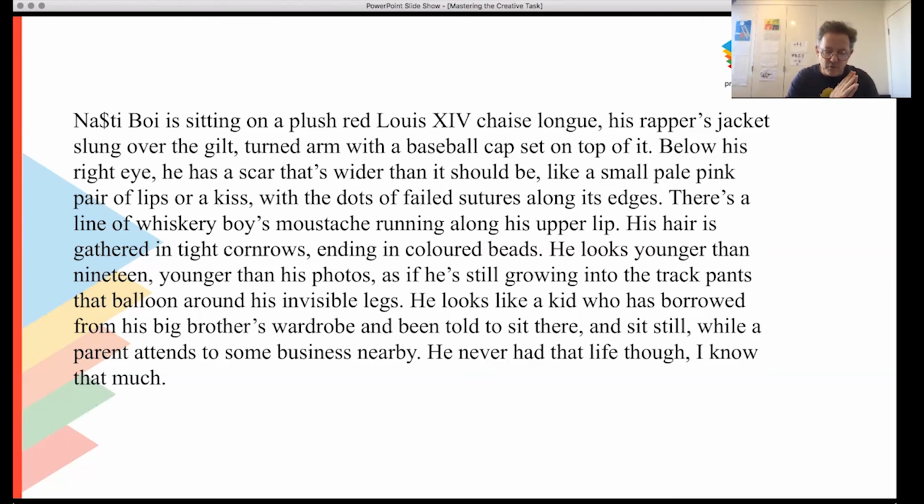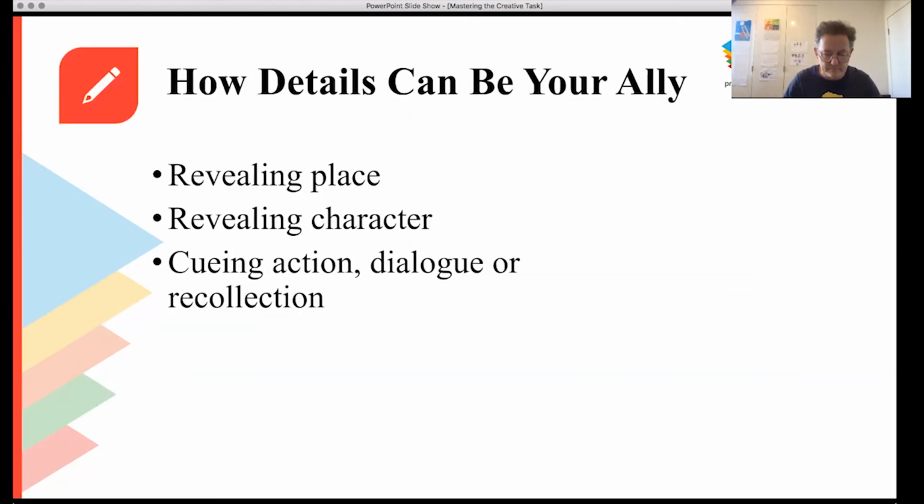And that leads to one more thing that details can do. Details can cue action, dialogue, or recollection. If there's something you need to happen, you need it to look as though it came entirely from the story, not from the author needing it to happen. For example, you need a character to recall a crucial piece of backstory at a particular time. How do you do it?